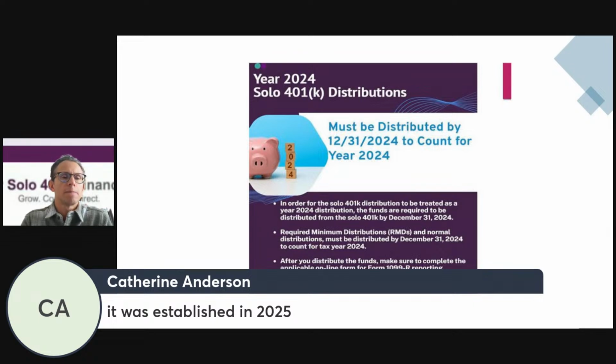The SECURE Act extended the contribution deadline for employer contributions, so those can be made by your business tax return due date, including extension.